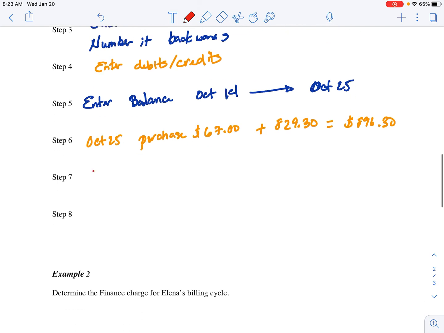So we're going to add, here's our daily balance right now. We're going to add $55 to that.